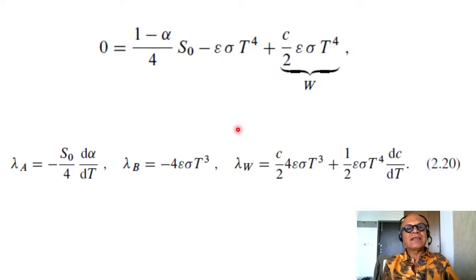So we can now write that as a balance of short wave, long wave, and the internal feedbacks, where we have left the cloudy fraction in here. The analogy is that the short wave feedback is basically this term, if we do d alpha dt, because albedo is temperature dependent. A long wave feedback is basically minus 4 epsilon times sigma T to the cube, which is the derivative of this, so we're taking derivatives of each term.